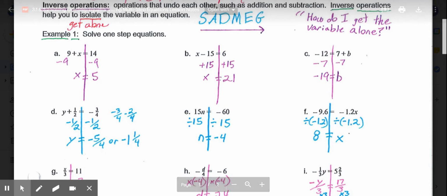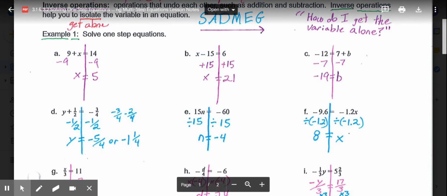In B, x minus 15 equals 6, so the inverse operation of subtraction would be addition. So we add 15 on both sides of the equal sign, giving us x plus 0 on the left, so just x, and x equals 6 plus 15, which is 21.